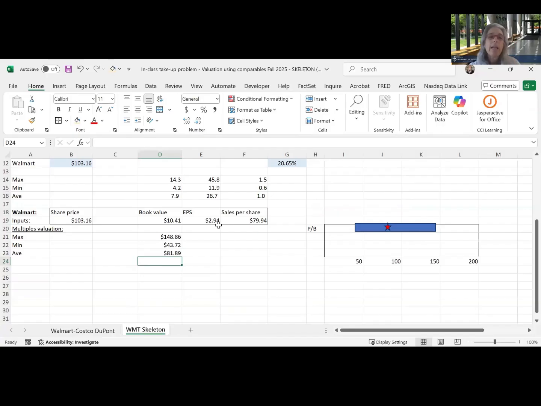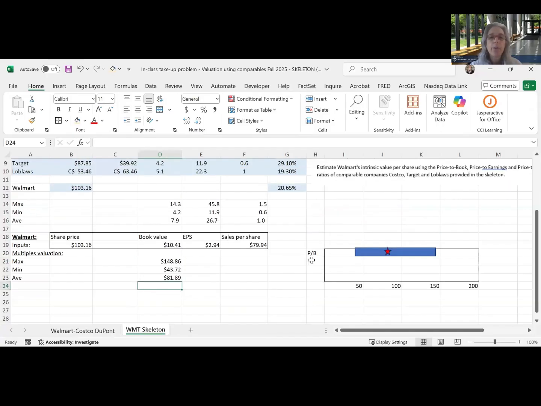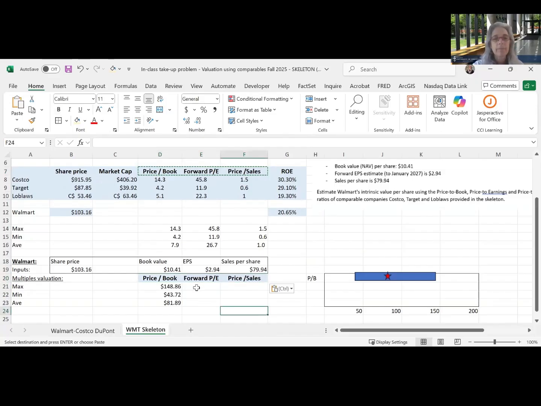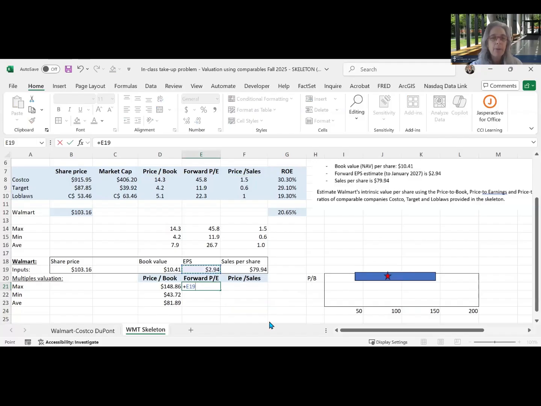And then we're going to do the same exercise for price to earnings and forward PE. So it's the same idea here. Okay, so if Walmart was being valued on a price to earnings method, my earnings per share is $2.94.